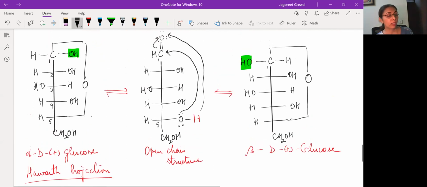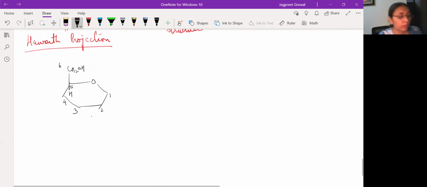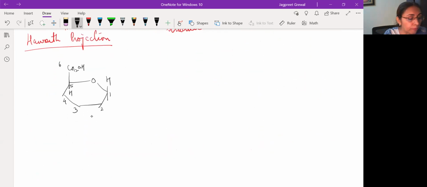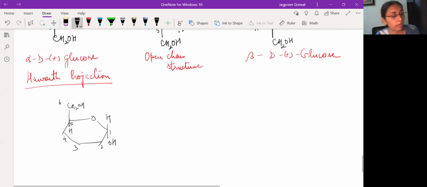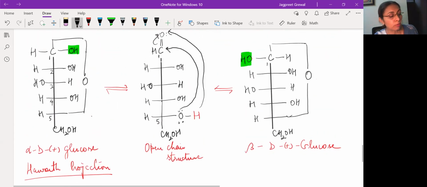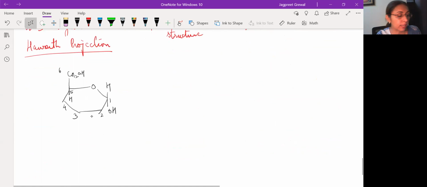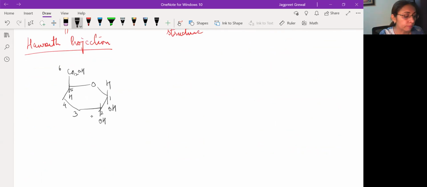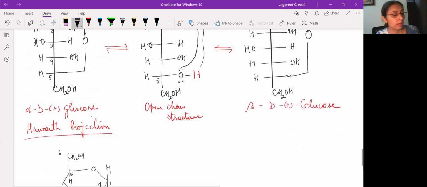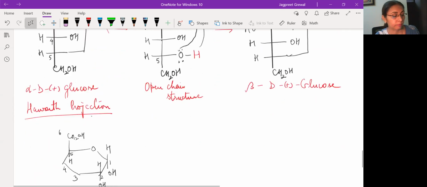So C1 OH is on the right side, so I draw it below the ring. Again you can see C2 OH is on the right side, I draw it below the ring. C3, it is the opposite.